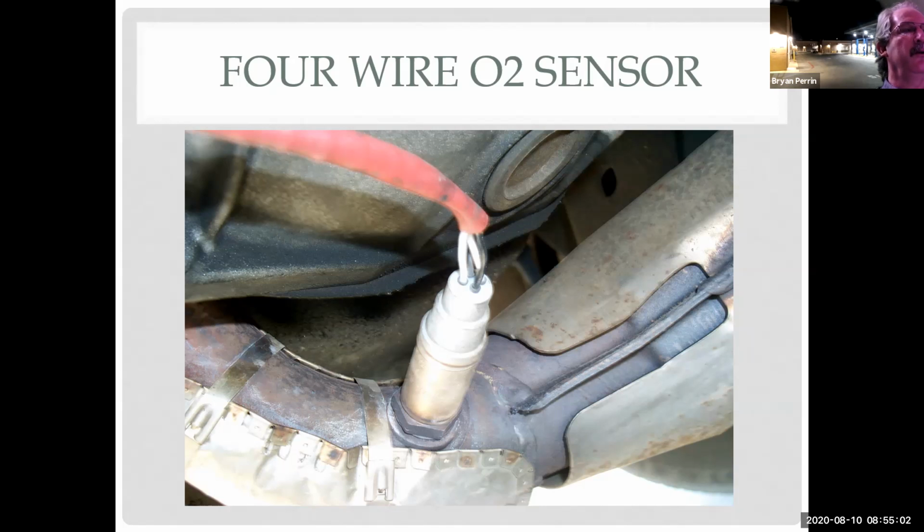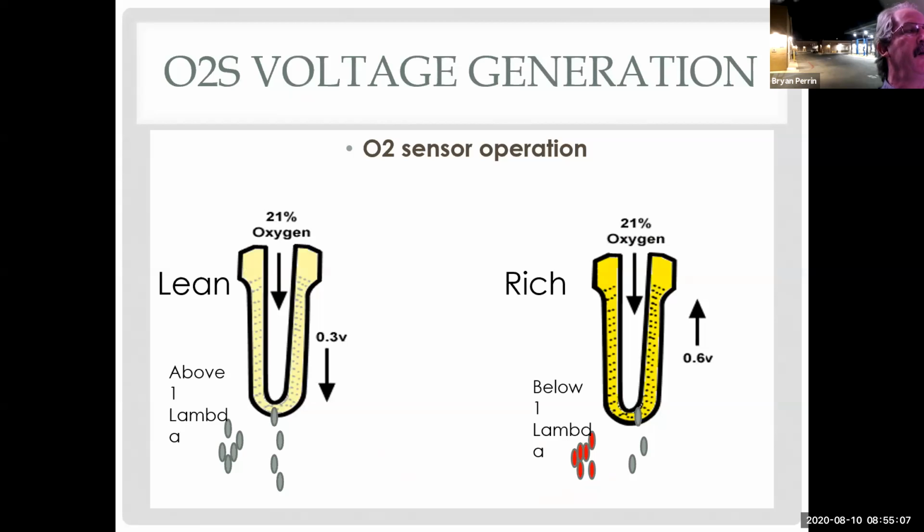So when we look at O2 sensor operation here, the outside air has about 21% oxygen. If I'm above 1 lambda, lean, I have very little electron flow through my wafer. As I become richer and my lambda goes below 1, I have greater electron flow, which increases the voltage.